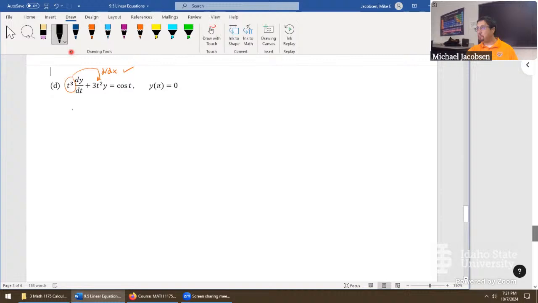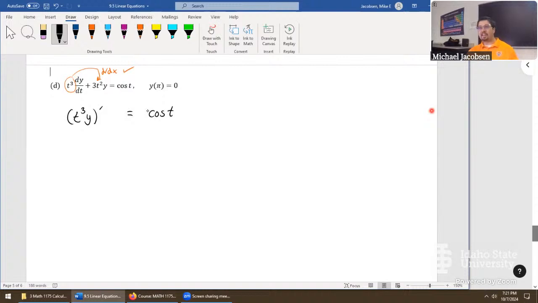So on this one, we can immediately just say it's t cubed times y, the prime on that one. So the left-hand side immediately becomes this, a product rule. Right-hand side is just cosine t. And so we're ready to integrate right at this stage.